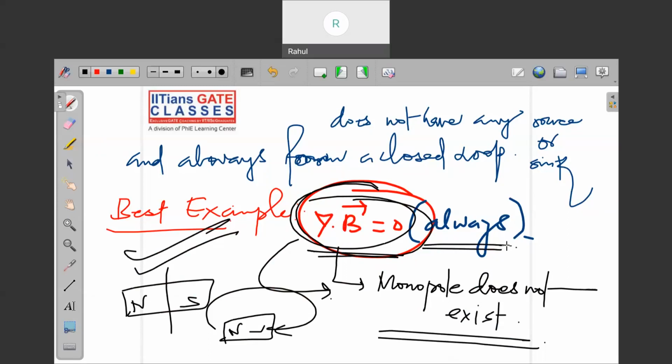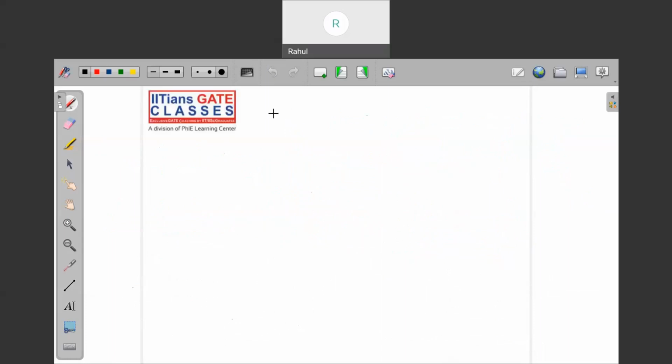This is the best example of solenoidal, divergence of V.